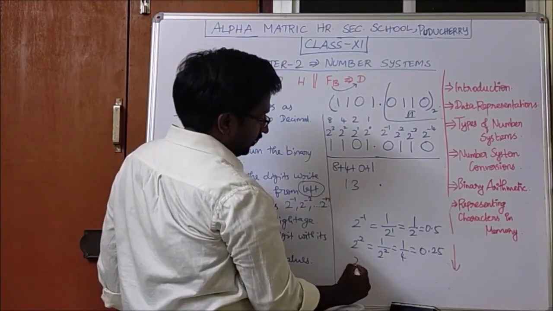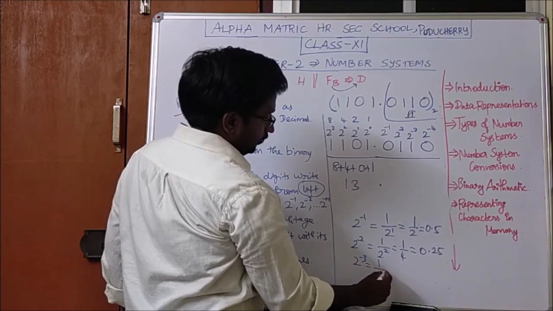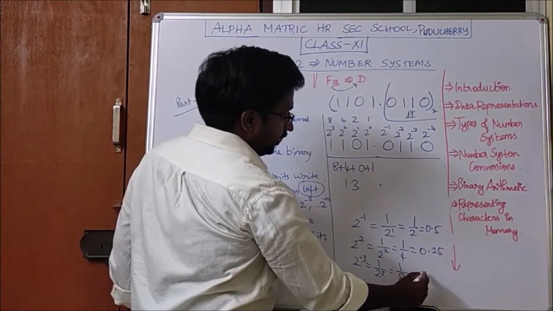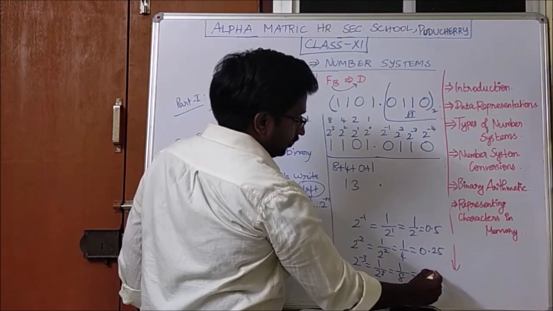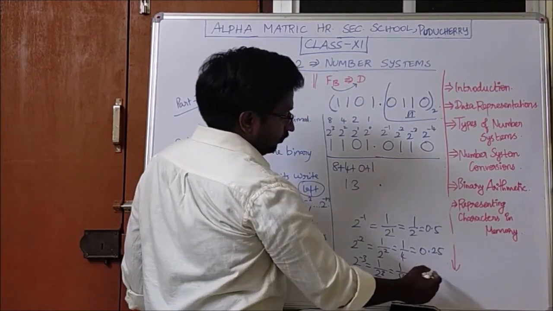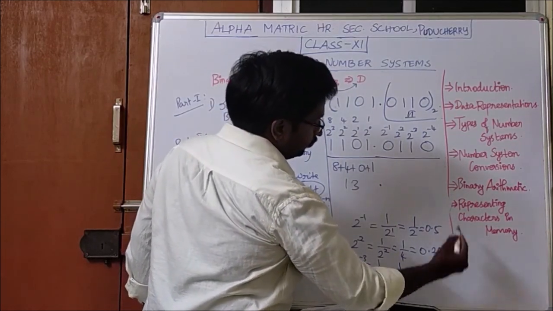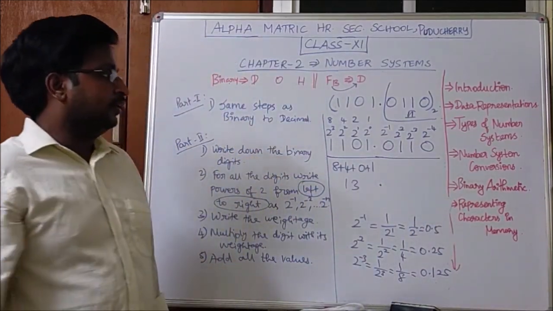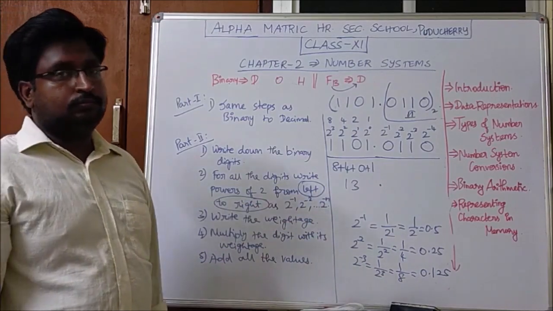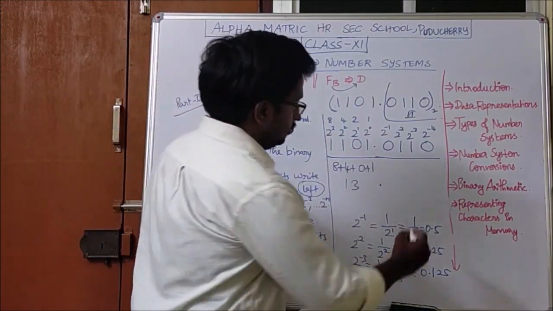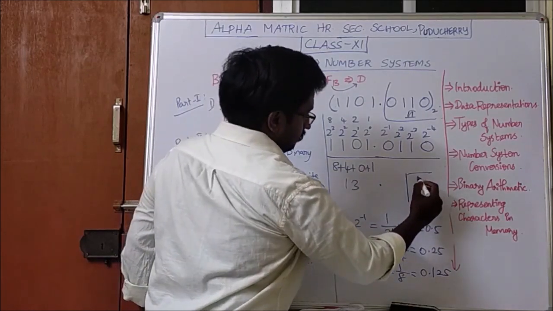And 2 power minus 3 means 1 by 2 cube, 1 by 8, that is 0.125. Like this it goes on. That is normal division.